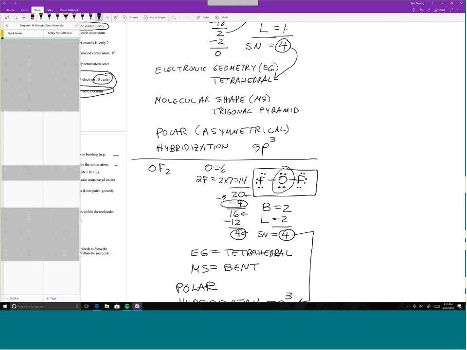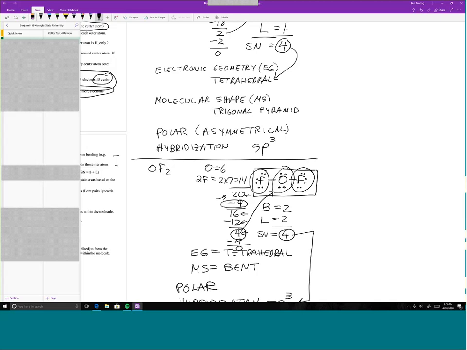That meant we had 16 left over. We put 6 electrons around each fluorine. 6 and 6 is 12. That meant we had 4 left over. Those 4 electrons went onto the center atom as 2 lone pairs. I didn't do the final subtraction. So that's how lone pairs wind up on the center atom.